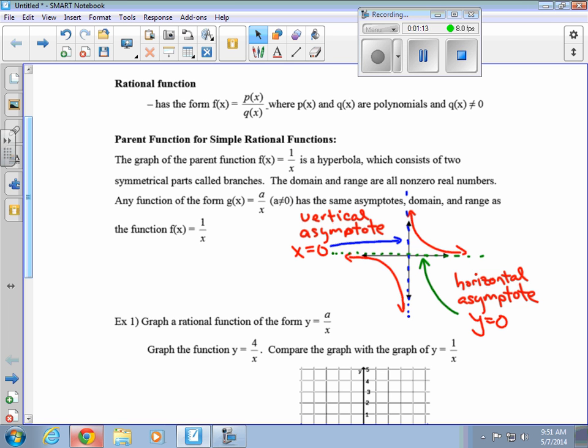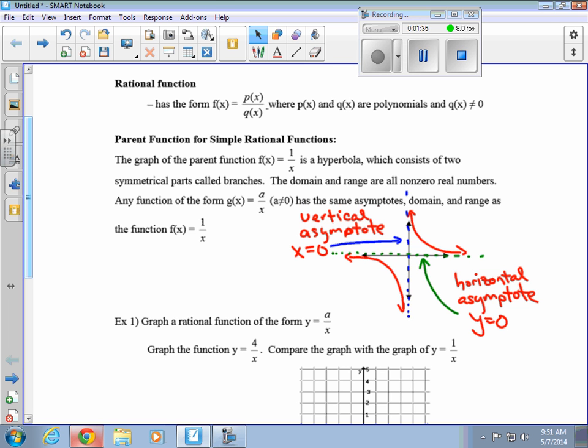The domain and range, we've talked a lot about the domain and range the last couple of weeks, are all non-zero real numbers. So if we look at the graph, what value can you not have for x? 0. So the domain is all real numbers except 0, right? You will never touch this vertical asymptote.